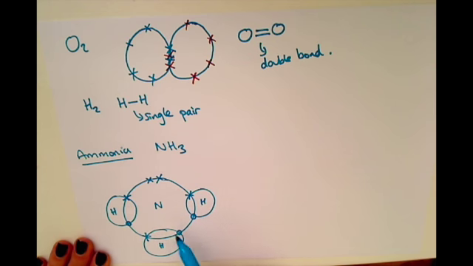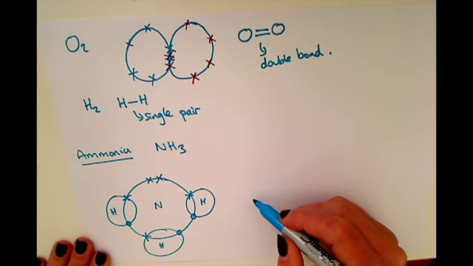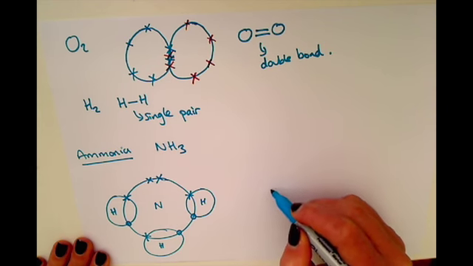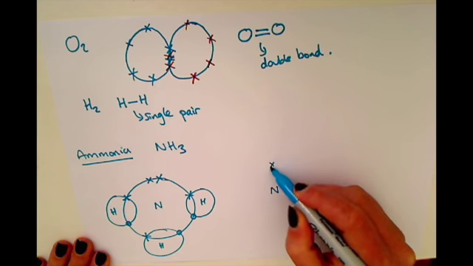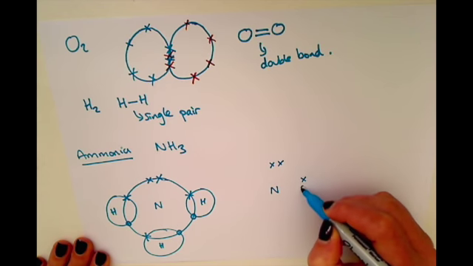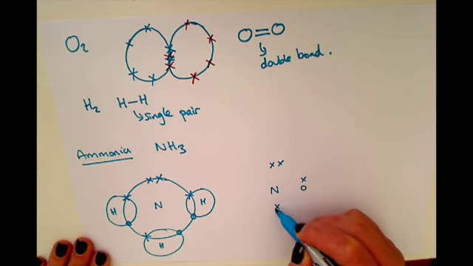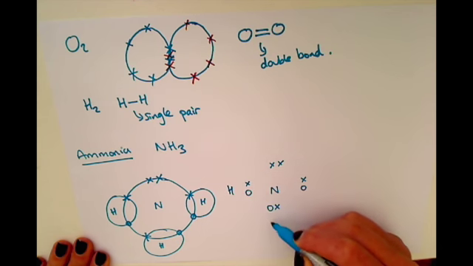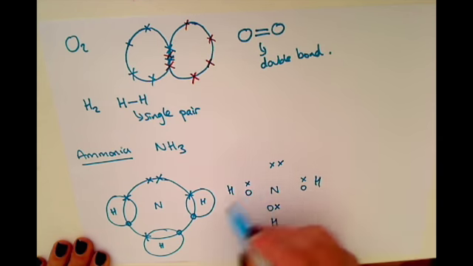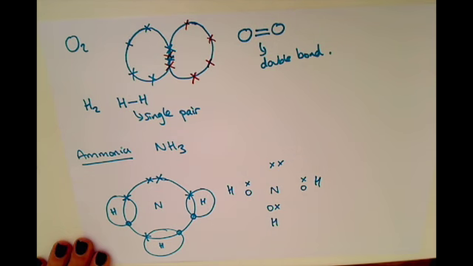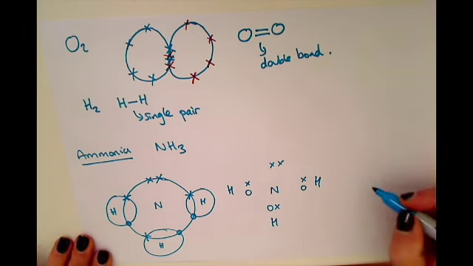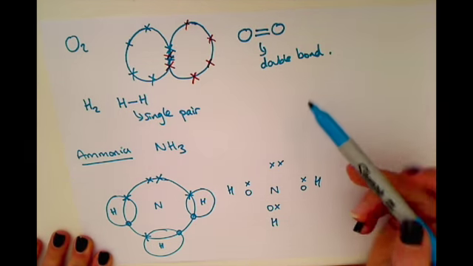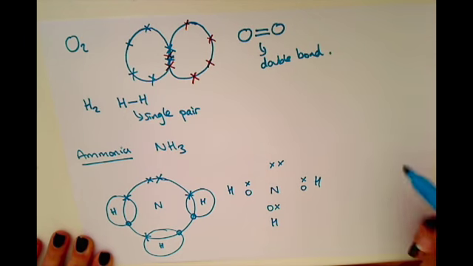The other way we can draw this is by not including the rings in, so you might see it represented like this, where you have the nitrogen and the hydrogens, but you don't have the rings written in, so you need to recognise that that is the covalent bond as well.